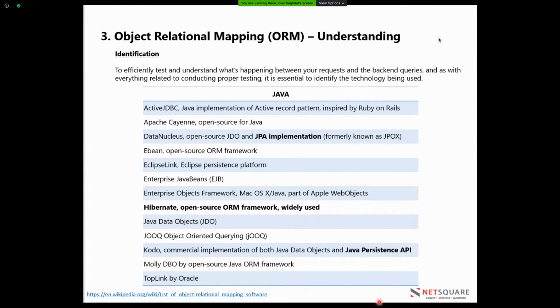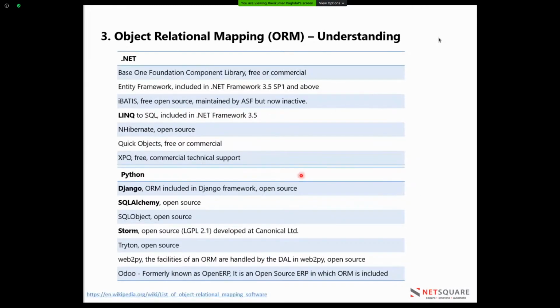Similarly in Python, .NET, LINQ based, and XPO based, you just need to grab one ORM, implement an application, create a query, and retrieve the data in such a manner.